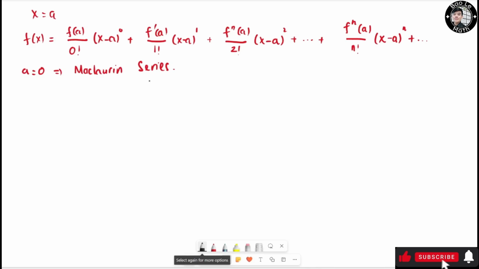Maclaurin series is a special case of the Taylor series.